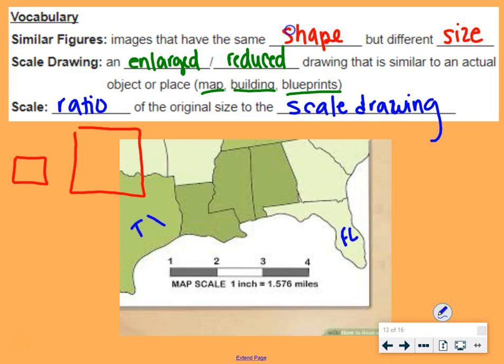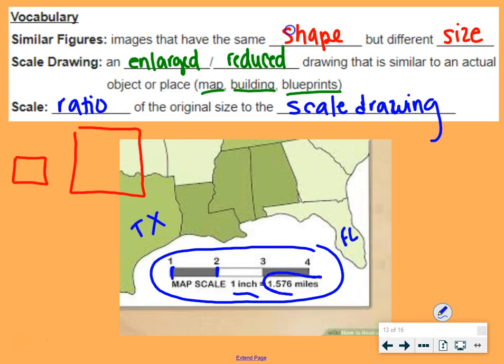Here's Texas. And then you have this map scale, and it's telling you that for every inch, so for every section that's that long on the map, it's actually in real life 1.576 miles. So that's the scale, because we had to bring it down. We can't fit a map of the entire United States at real size, so we scale it down.